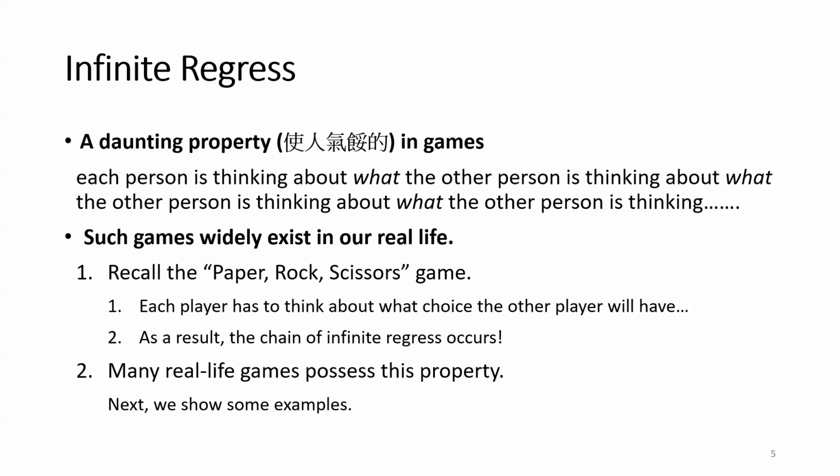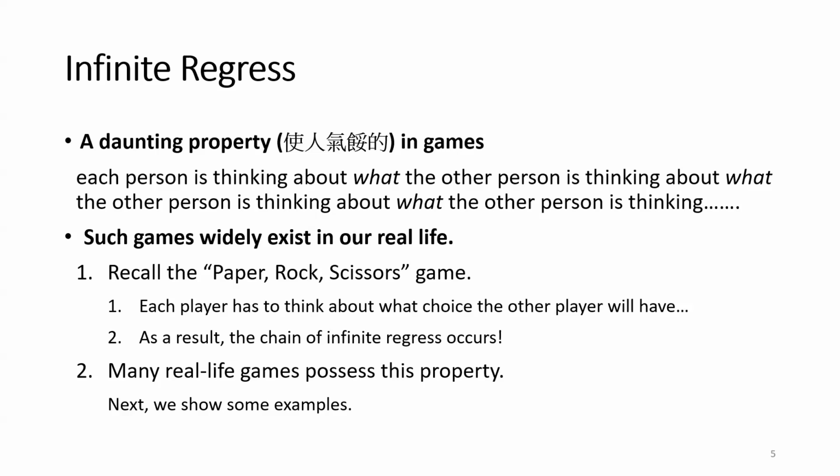And these two players are rational. They have to make the decision simultaneously, at the same time. We have the rule: paper beats rock, rock beats scissors, and scissors beat paper. So two players are going to play this game.